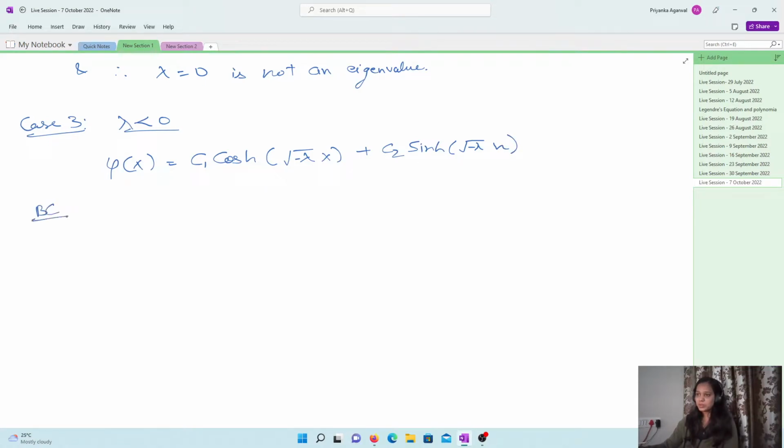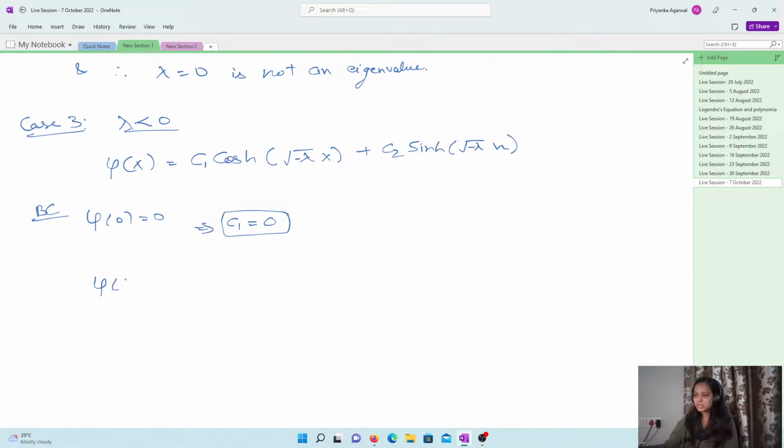Now apply the boundary condition psi of 0 equals 0. What do we get? c1 equal to 0, as cosh of 0 is 1.